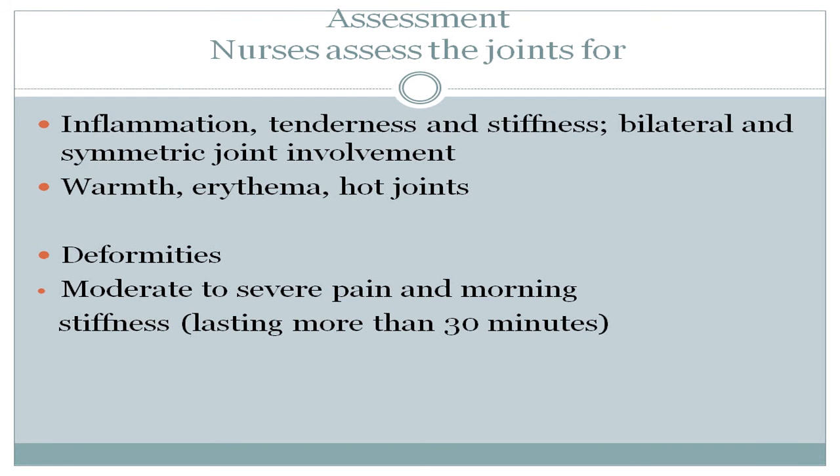With osteoarthritis, I can have arthritis that affects my right knee, and I can have arthritis that affects my left hand. But with rheumatoid, it's typically bilateral. And the person may have symmetric joint involvement. So it may affect my hand, it may also affect my elbow, but we typically see it being bilateral.